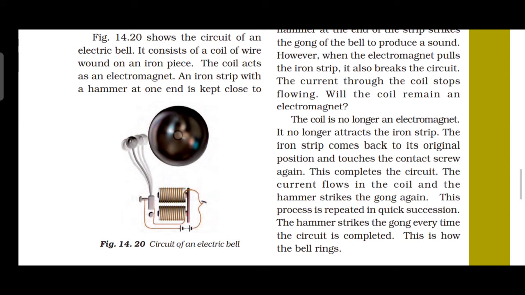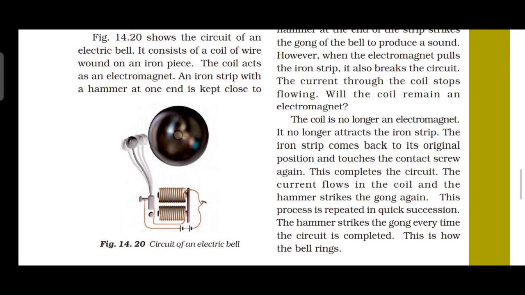An iron strip with a hammer at one end is kept close to the electromagnet. See the picture? On the left side there is an iron strip with a hammer at one end, kept close to the electromagnet. There is a contact screw near the iron strip. See the picture? There is a contact screw also.